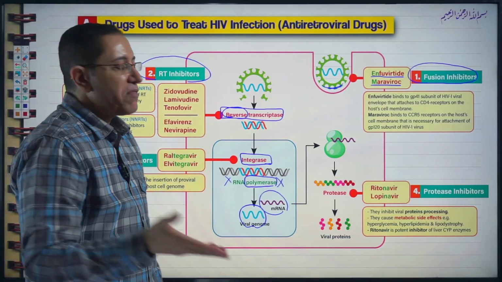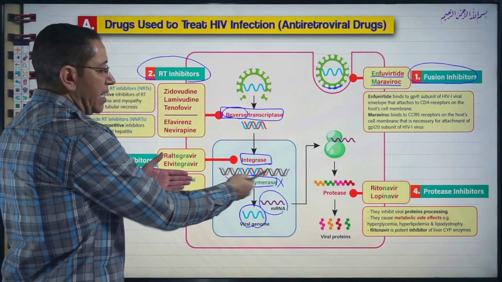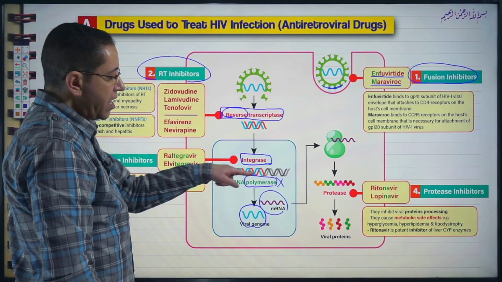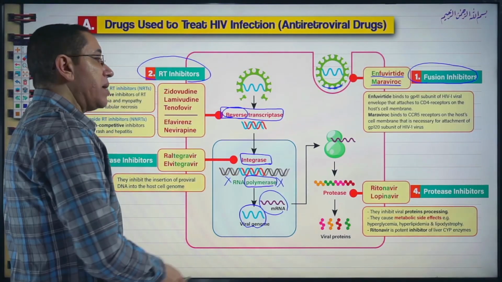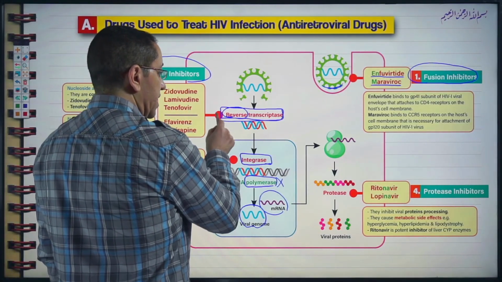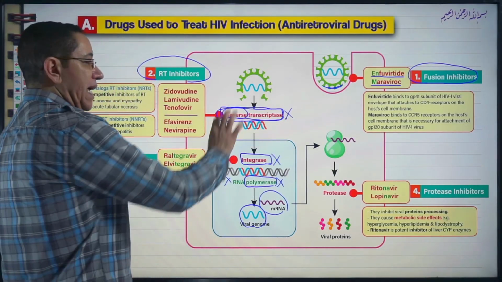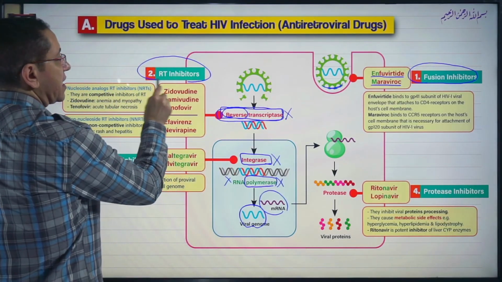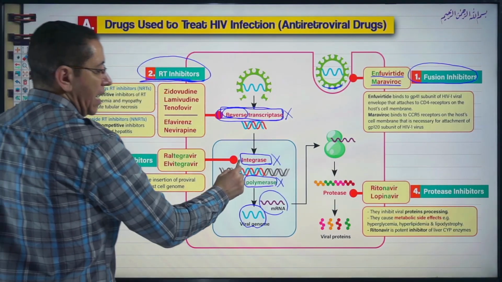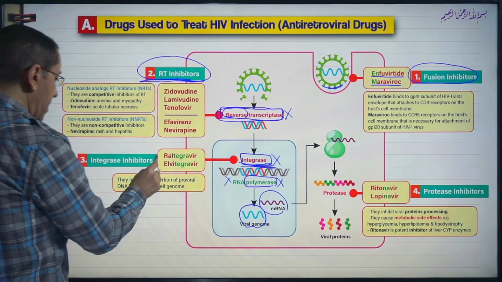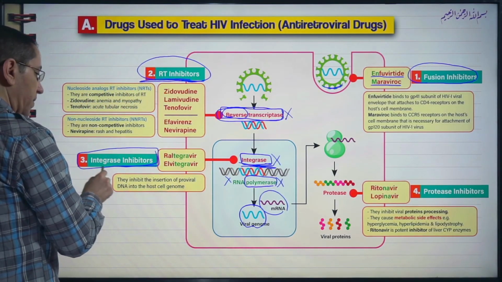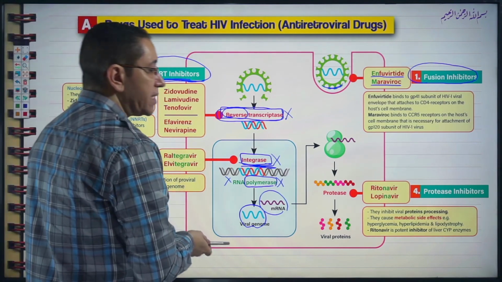It's our own cellular enzyme, accordingly we can never touch this enzyme, and that's why I marked it by green color. To remember, we can target this one. However, I can target the reverse transcriptase, I can inhibit it, I can inhibit the integrase. This family is called reverse transcriptase inhibitors. The family that causes inhibition of the integrase is called integrase inhibitors, or the inhibitors of the viral integrase.